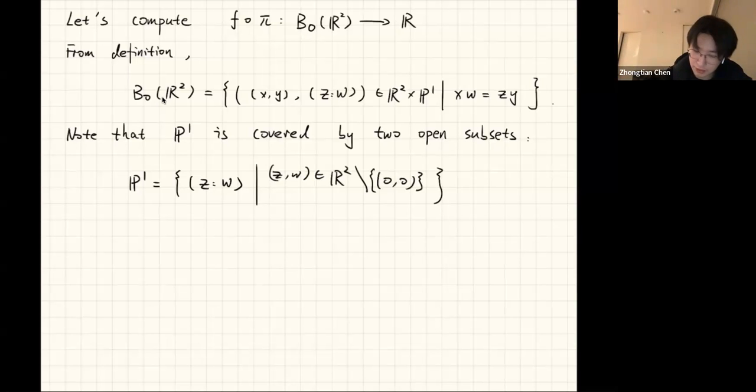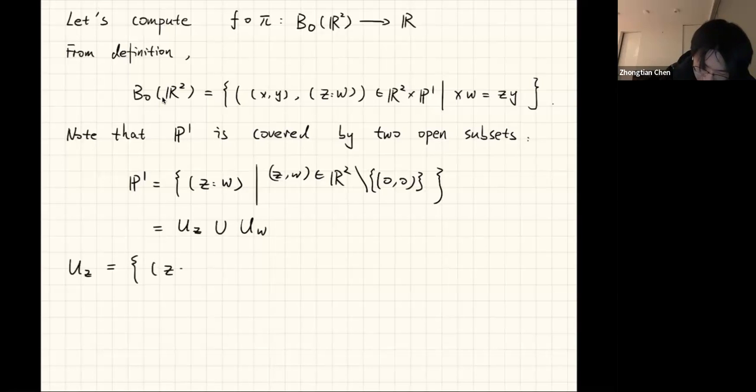Right, this is P1 by our definition. And we can cover P1, we can write P1 as a union of 2 things, and I will tell you what UZ and UW are.